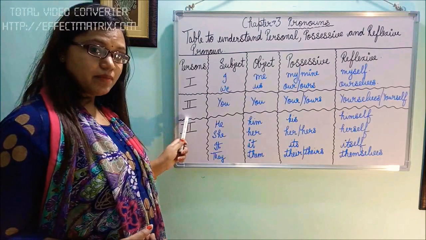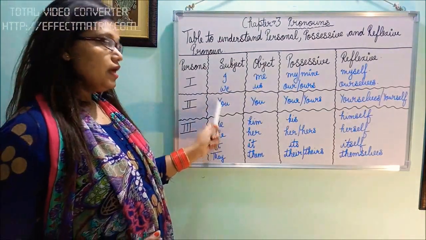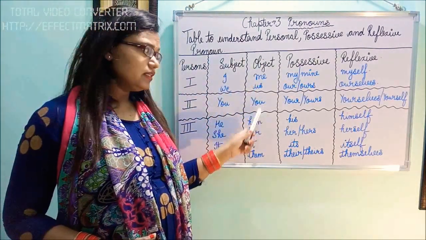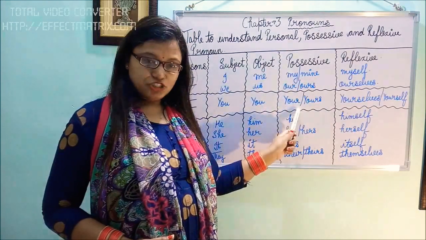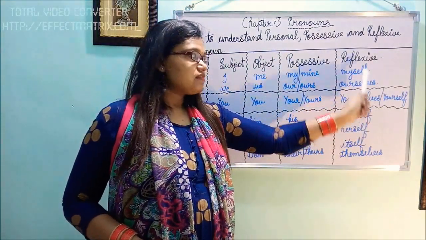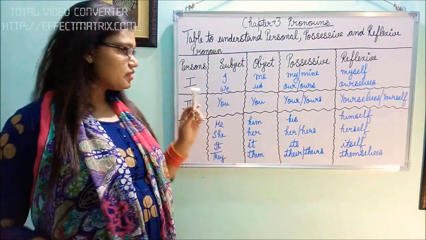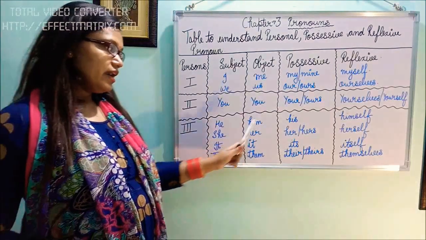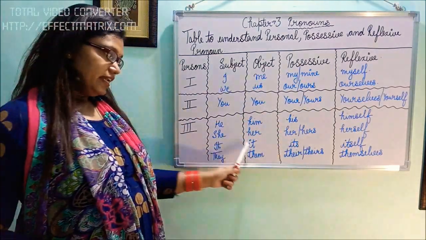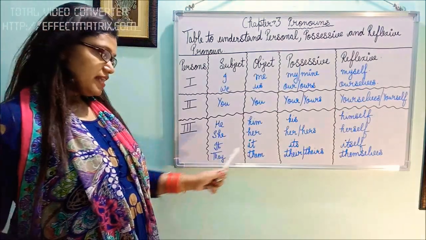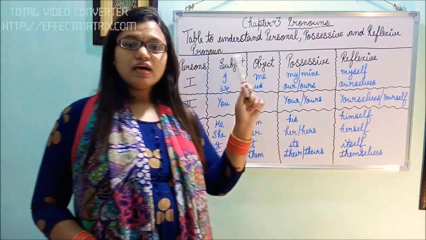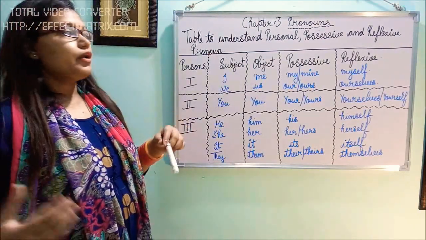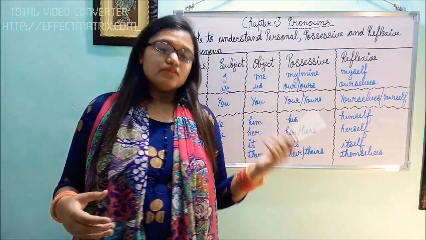Again in the second person, you as a subject, you again as an object, yours for possession, yourself and yourselves as reflexive. Understand? Similarly, for he, him, his, himself, she, her, herself, it, its, itself, they, them, theirs, themselves. Understand? So these are the kinds of persons which use possessive and reflexive pronouns.